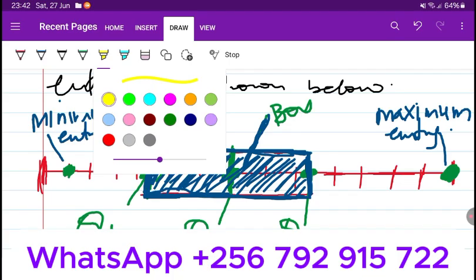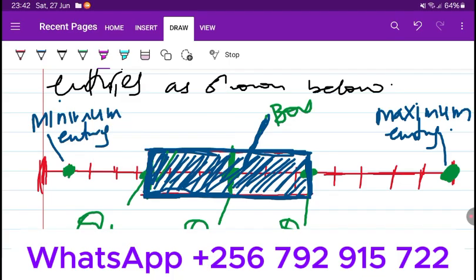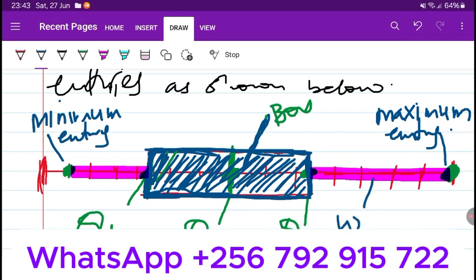We draw a line that connects the minimum to the box, and then another line that connects the largest value to the box. These are the ones that we call the whiskers.